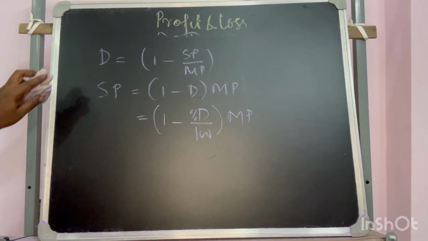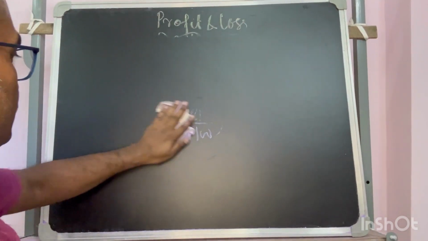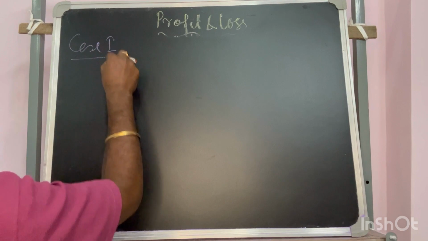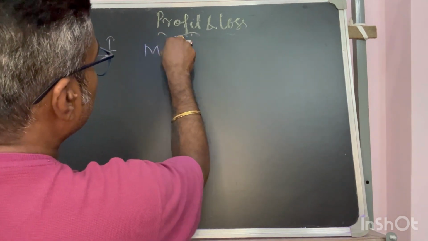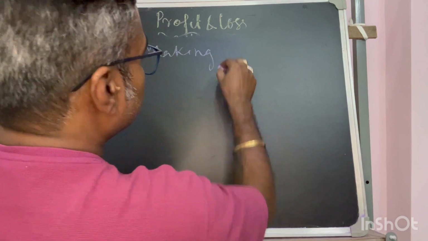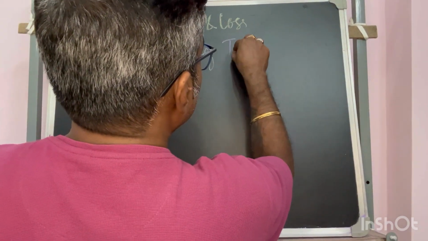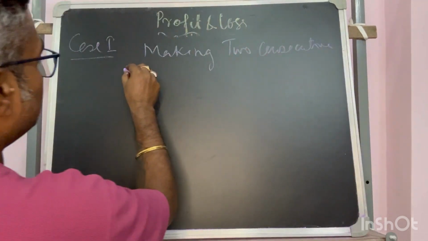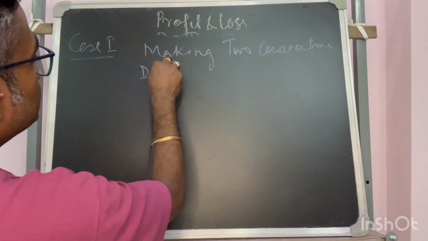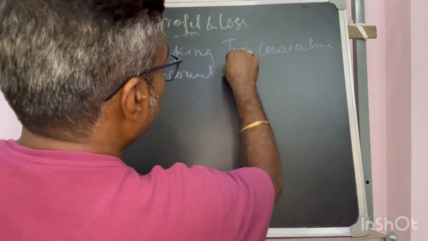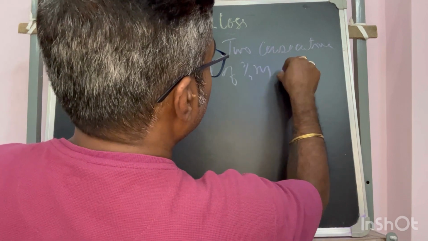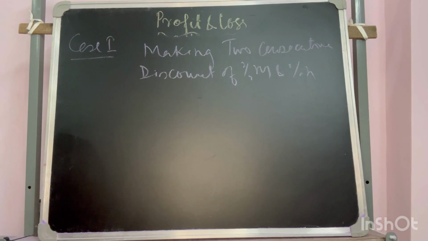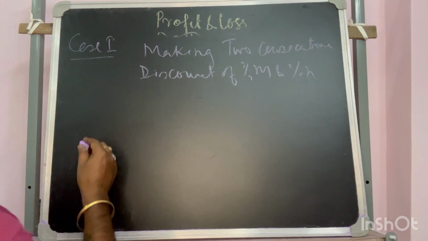Now on this we'll do some case studies. Case 1: making two consecutive discounts of M percent and N percent.